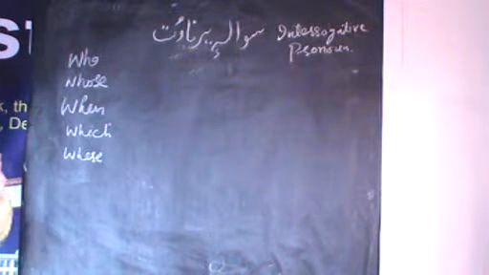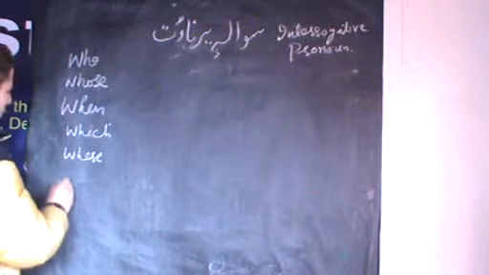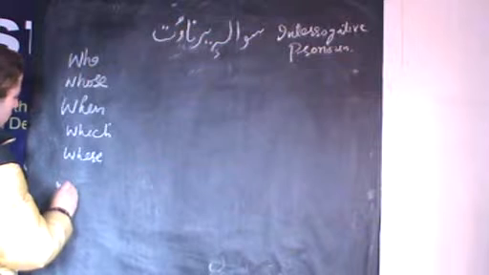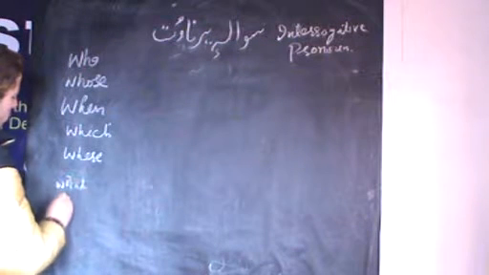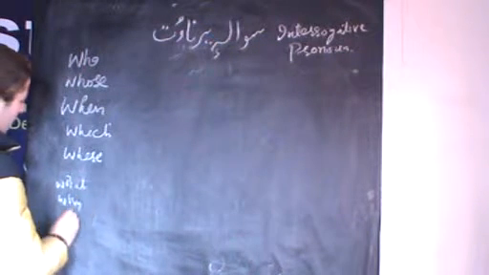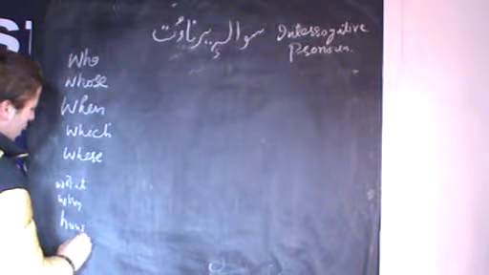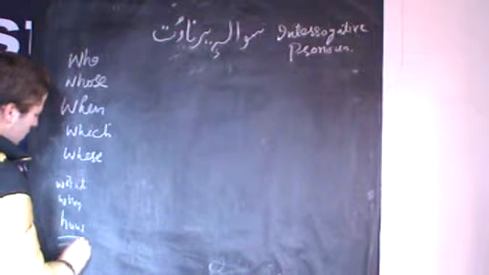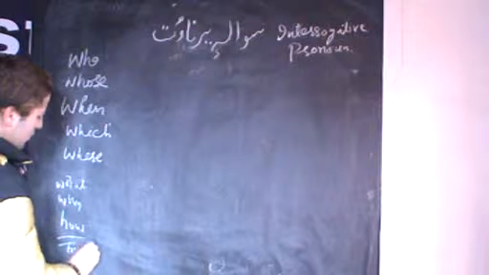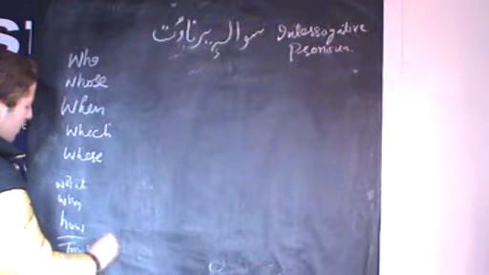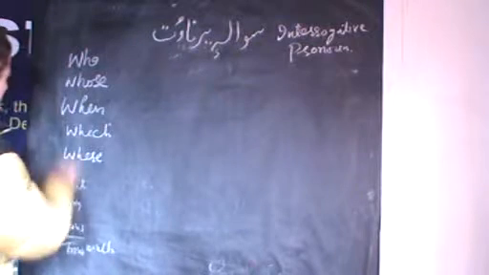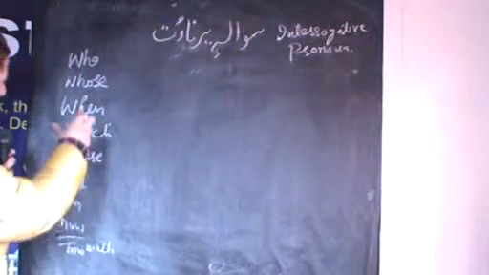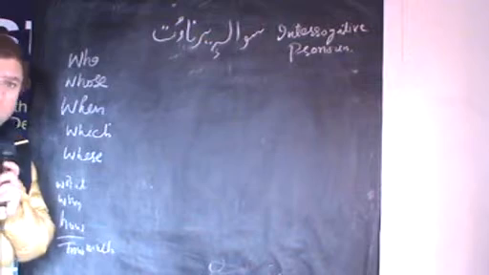So these are 5, but we can keep here also what, why, how, or how much, the derivative of it, whatever, whenever. These are also in the same list, but I will just use it for masculine.